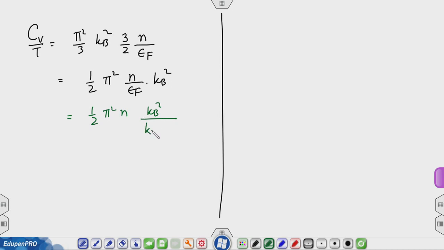So, I am going to write this as kB TF, where we had defined TF earlier.